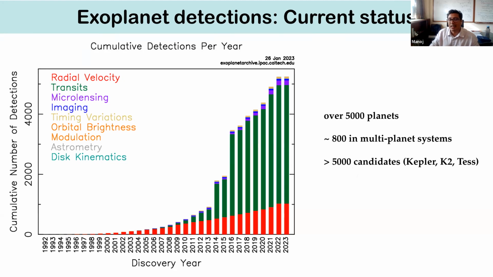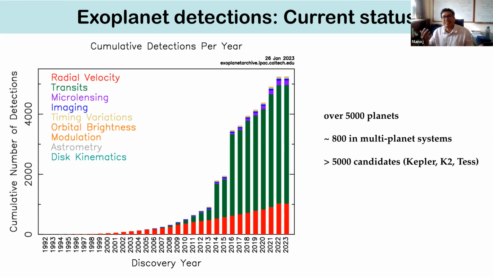So what really provided the impetus for the demographic studies is the statistics, the numbers that we have detected now. We have over 5,000 planets, and it's possible to do some statistically significant studies about their properties. Remember, for centuries we had only one data point, our solar system. Now at least we have 5,000 more.